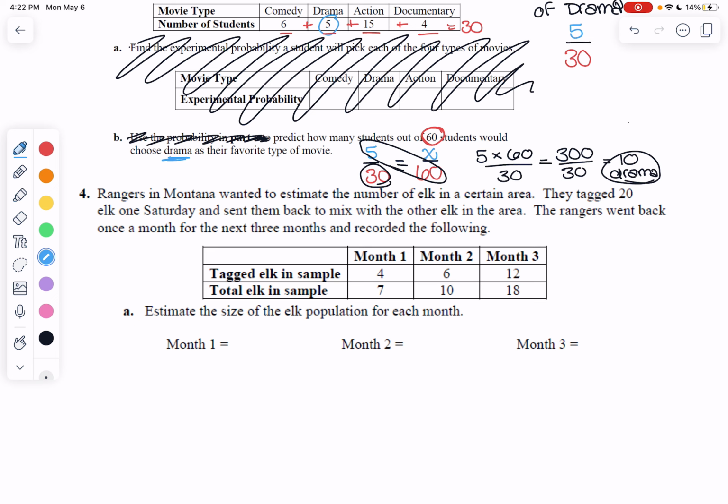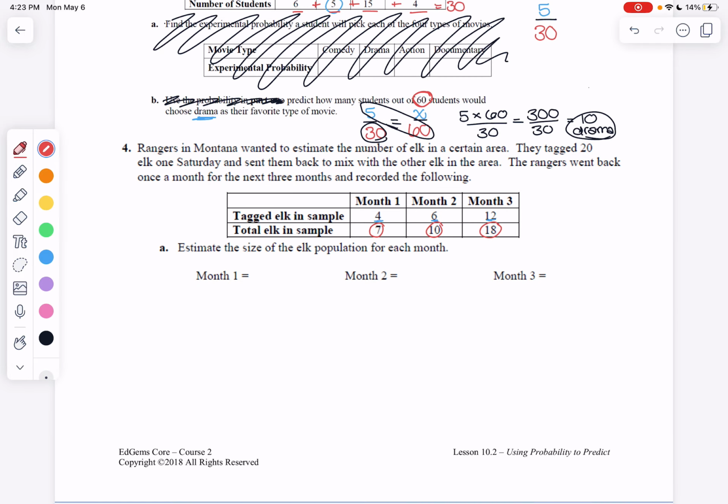So the number of elk that we want to see out of the total number of elk that we saw. So it says estimate the size of the elk population for each month.